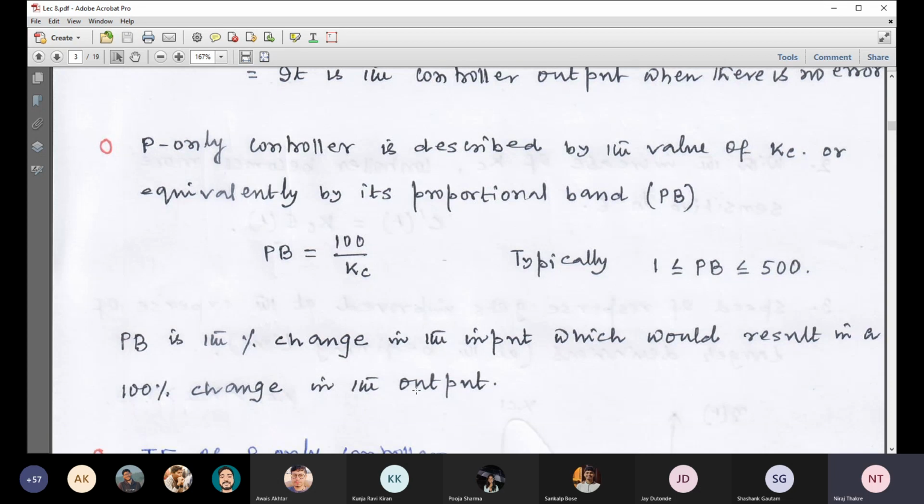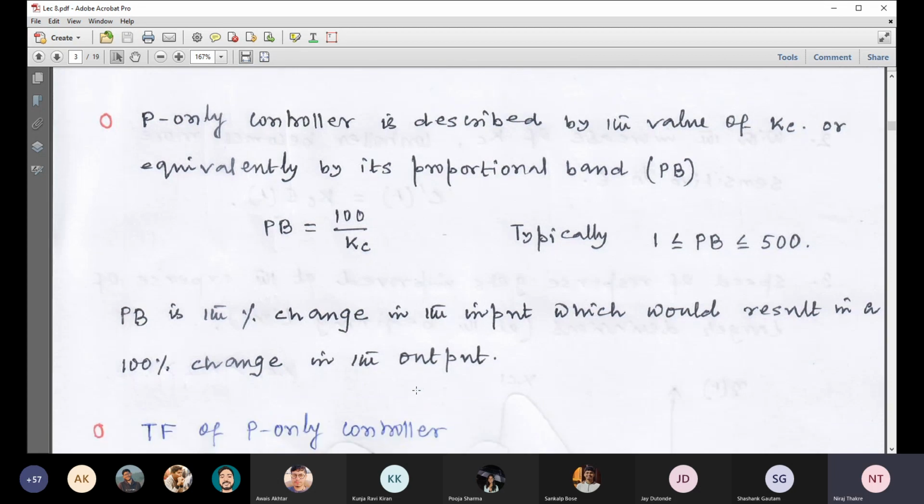Okay. One next point is finding the transfer function of the P-only controller. Can anyone tell me what is the transfer function of P-only controller? Transfer function, you just recall, it is the output by input. That means C bar prime(s) divided by epsilon bar(s).